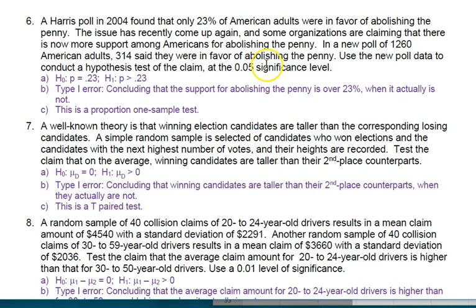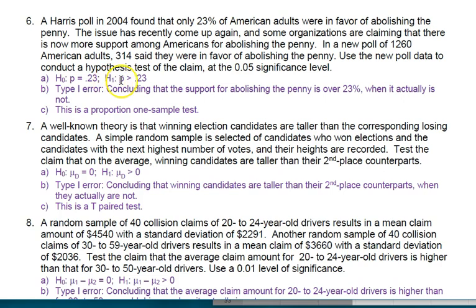In number 6, the claim is that there's more support now for abolishing the penny than there was in 2004, and in 2004, only 23% of American adults supported it. That's saying that the percentage now that support it is more than 23%.